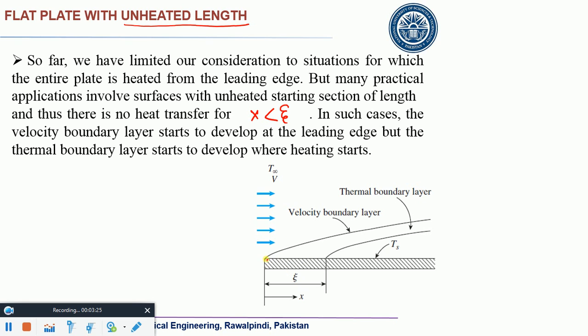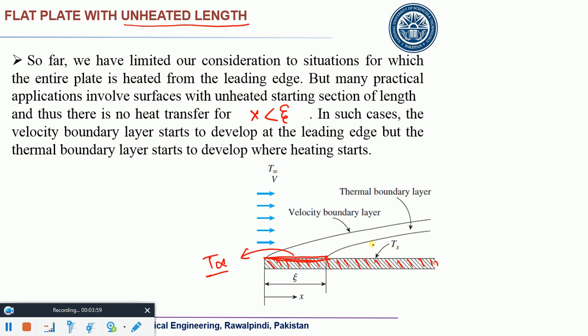Now what does that mean? For example, this is the plate. You can see this length of the plate, the initial length of the plate, the flow is coming from this side. The initial length of this plate is, let's say, quite close to T infinity. It means heat transfer does not occur on this portion.